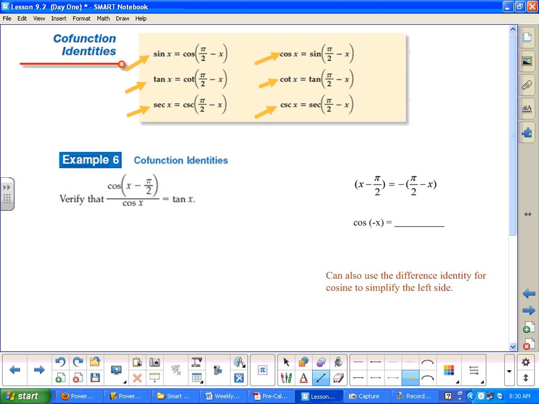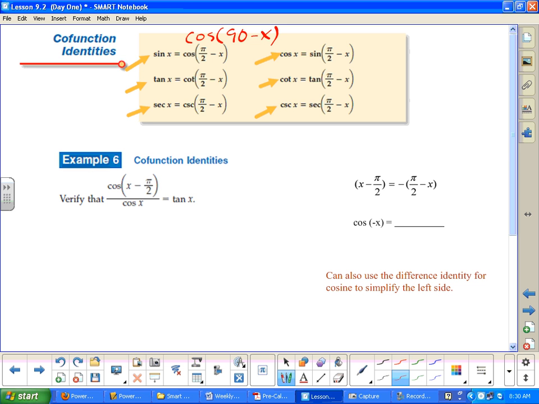Or if we think about it with 90 degrees instead of pi for a second, so if I said that this was the cosine of 90 minus x, well, the sine of 60 is square root of 3 over 2, right? And if I do 90 minus 60, I get 30. And the cosine of 30 is square root of 3 over 2. So these all work in that sense.